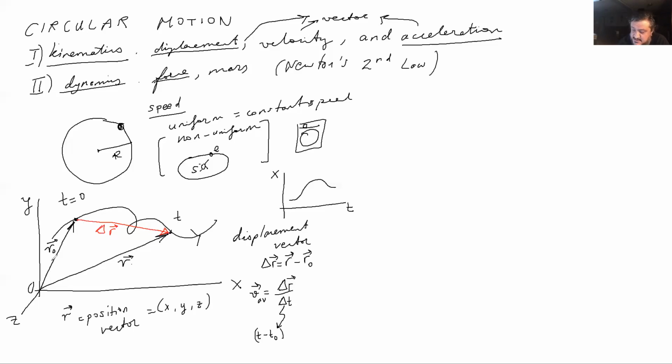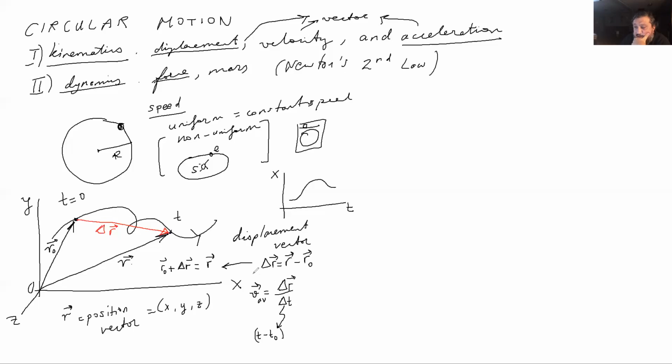So R0 plus delta R gives you R, which is nothing but this, written differently. But that's to show you where delta R is.